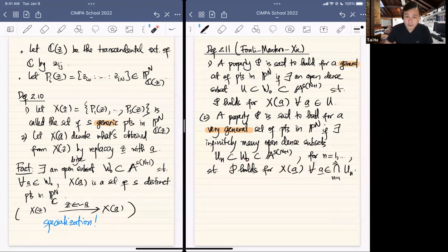So, of course, theoretically, if you look at an infinite collection of open subsets, you don't quite really know what this intersection should be, right? It could even be a closed subset, okay? So going from proving a statement for a very general set of points to a general set of points is quite a difficult problem.